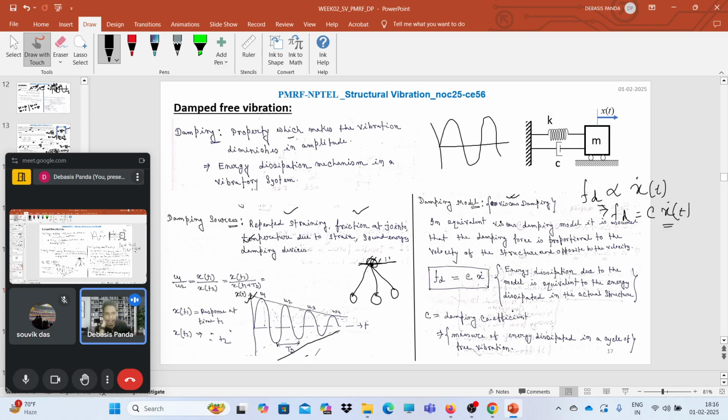C is the damping coefficient. We will see how we can quantify or measure the damping ratio from the free vibration response using the concept of logarithmic decrement.